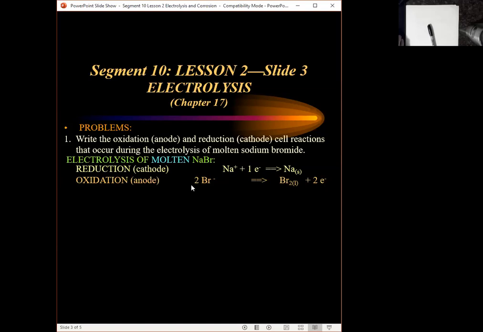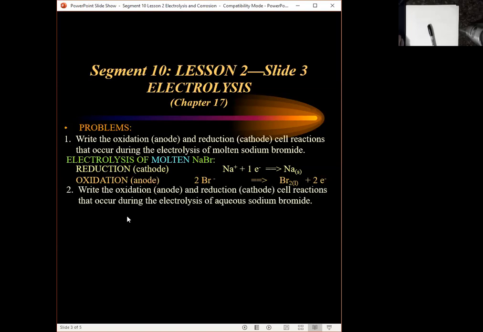So the oxidation reaction is to take two Br minus ions and convert to liquid bromine and 2 electrons. So it is the loss of electrons, as we said, but that oxidation occurs at the anode of the cell. Right, the oxidation, anode and cathode reaction that occur during the electrolysis of sodium bromide.